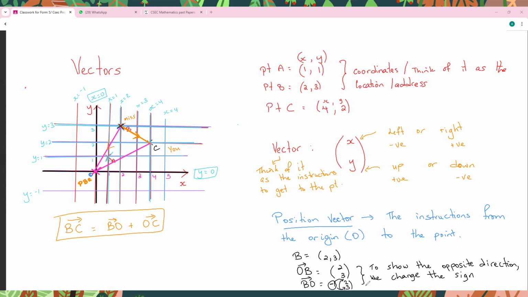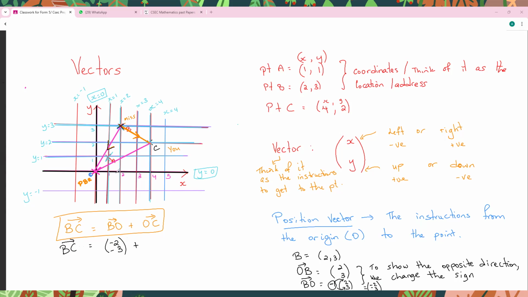So -1 by 2 will be -2, and -1 by 3 is -3. Because I'm moving from B to O, I'm changing the direction, so I change the sign of my vector. So I'm moving from my house to the bus street.